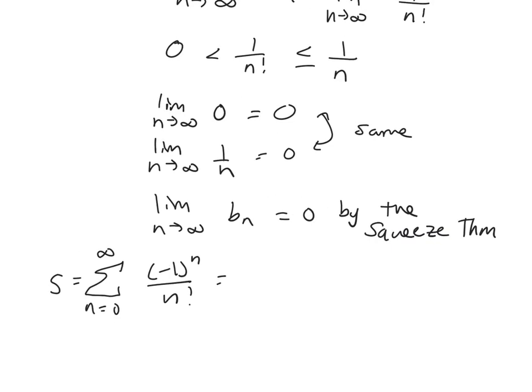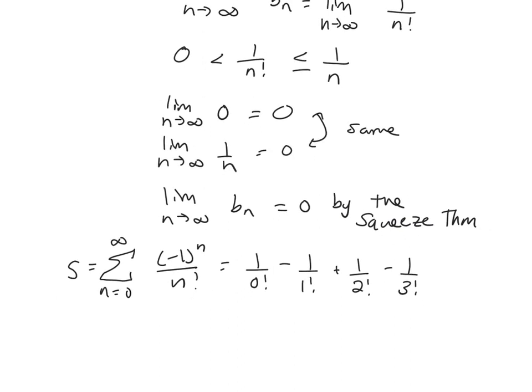So 1 over 0 factorial, then minus, (-1) to the first is -1, minus 1 over 1 factorial, plus 1 over 2 factorial, minus 1 over 3 factorial.